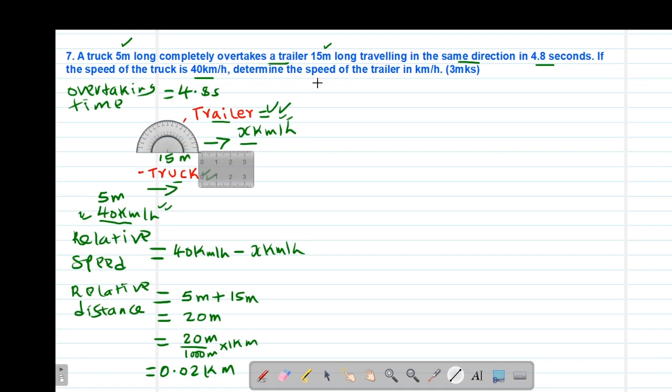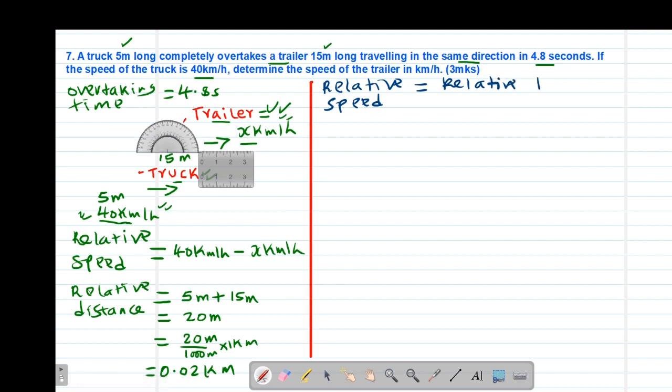So then remember, we are also given the overtaking time. Therefore, they want us to find the speed of one of the bodies, and we know this particular relationship, that relative speed is equal to relative distance divided by overtaking time.